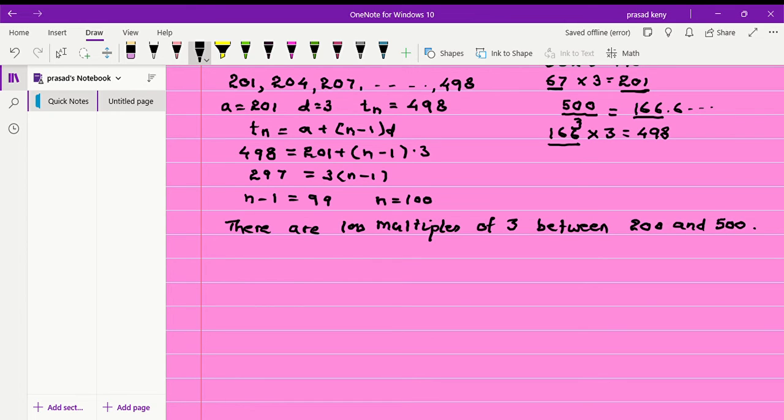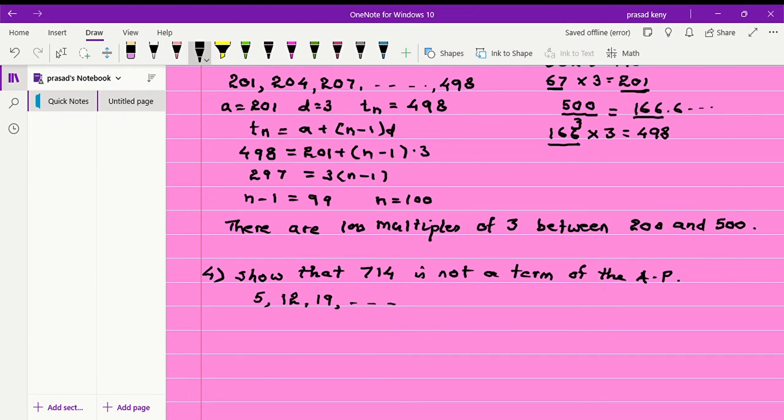Now, let us come to the next type of problem. Now here, show that 714 is not a term of the sequence or of the AP 5, 12, 19, and so on.